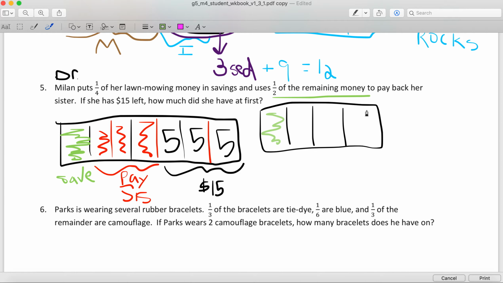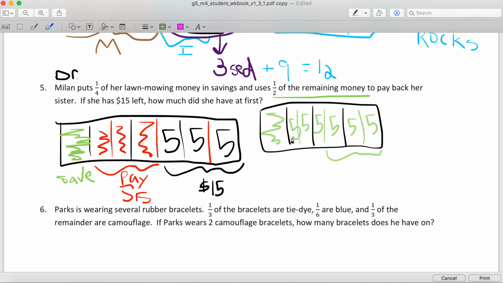And remember, we took these 3 boxes and we divided that into 6 equal parts. So that means these 3 boxes is $5 in each one. But remember, we divided that into 6 equal parts. So this is 5, this is 5, and this is 5.